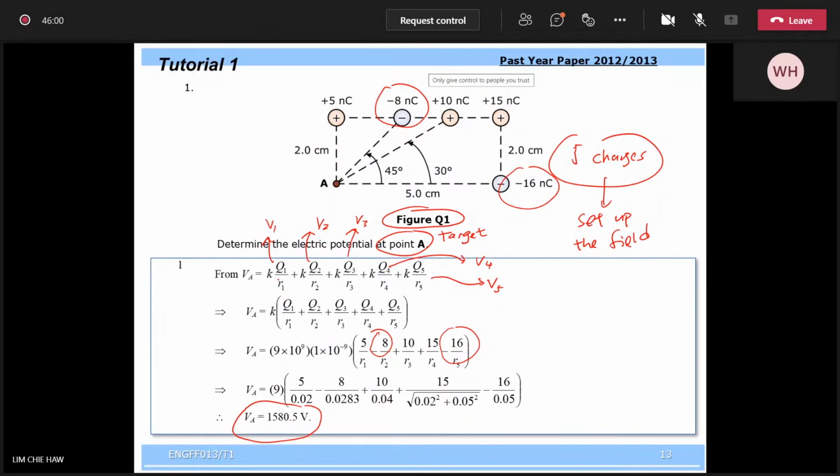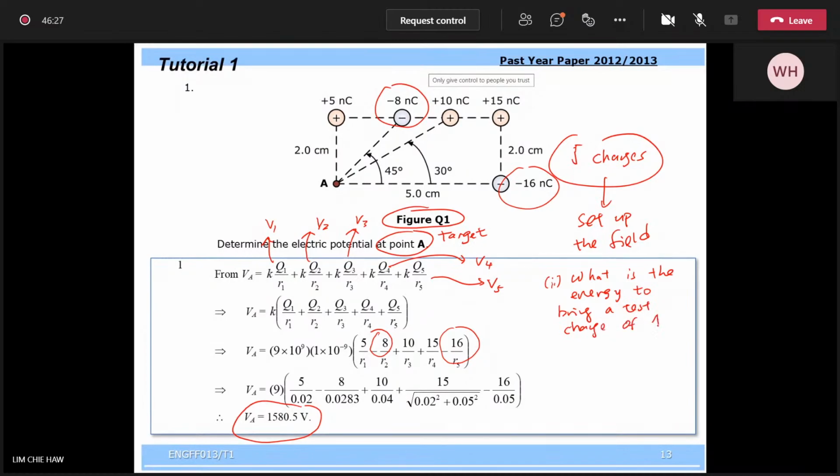We already found the electric potential at point A is 1580.5 volts, isn't it? What if there is a second question here?